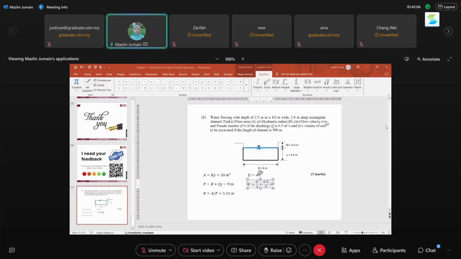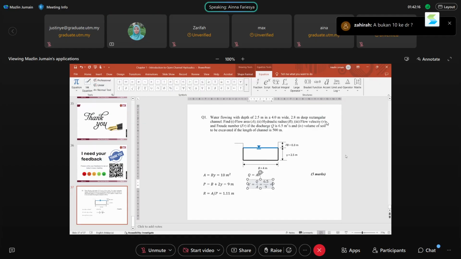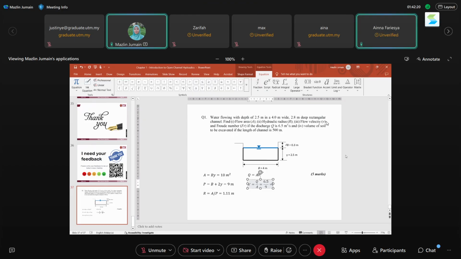What is the answer for V? Q over A, shouldn't it be 6.5 over 10? Oh, sorry. So 6.5 over 10 equal to 0 point.